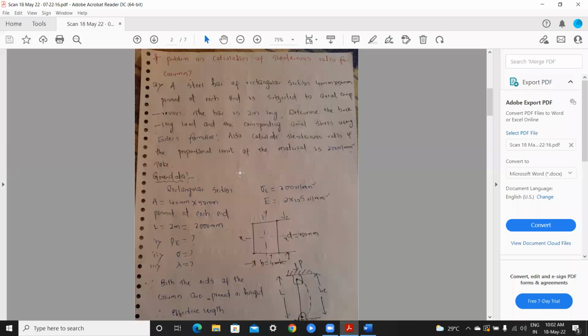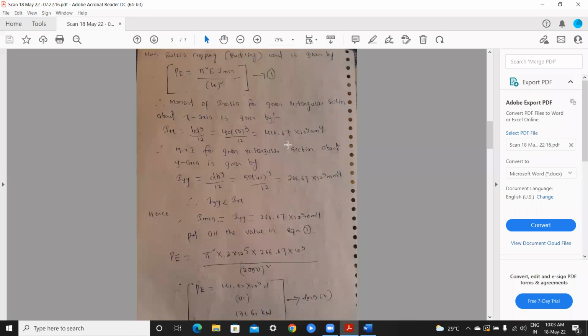Next, in the problem, what did they tell us? Determine the buckling load and the corresponding axial stress using Euler's formula. What is the next condition here? Also calculate the slenderness ratio.